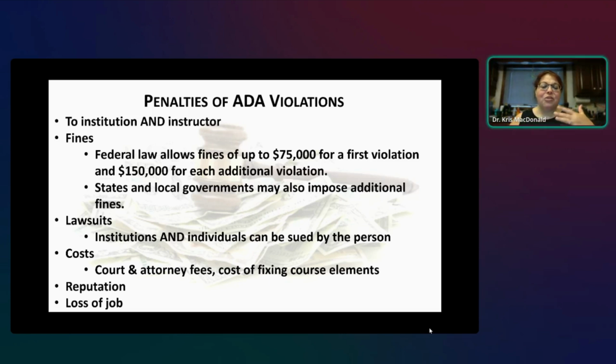So if you think about it, even if you just had 2 violations, you are already above easily. You're in the $250,000 bracket. And I don't know about you, but I don't have that in my back pocket.